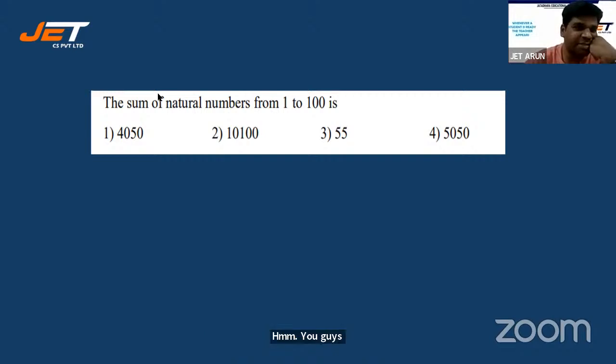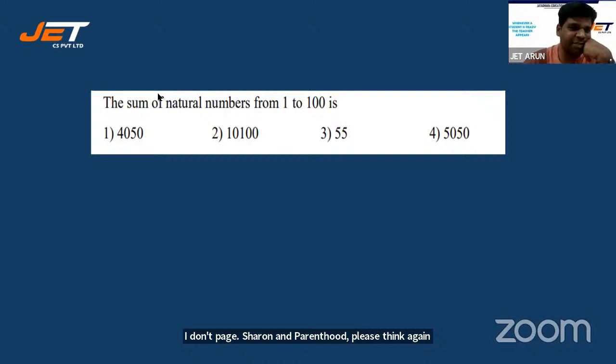Bhavna is right. Who else? Yeah, Bhavna, Riya, Kumari, Varun Tej, Sharon and Pranati, please think again. Some wrong in your calculations. Sai Vardhan, it is not 1 to 10, it is 1 to 100.